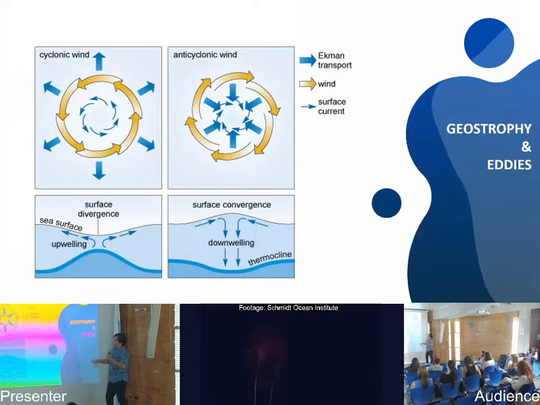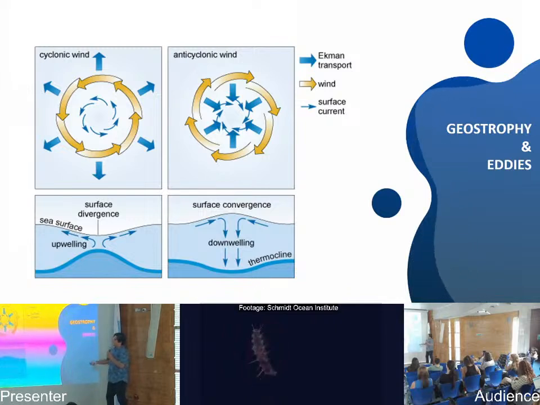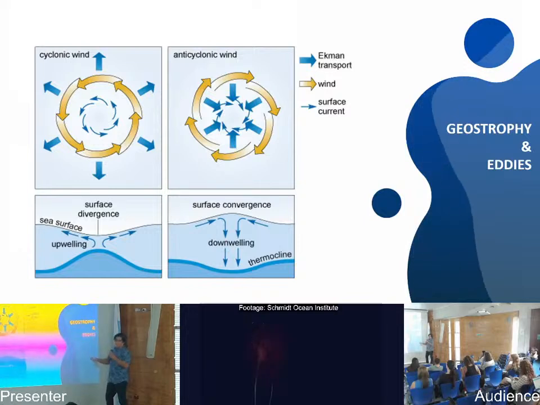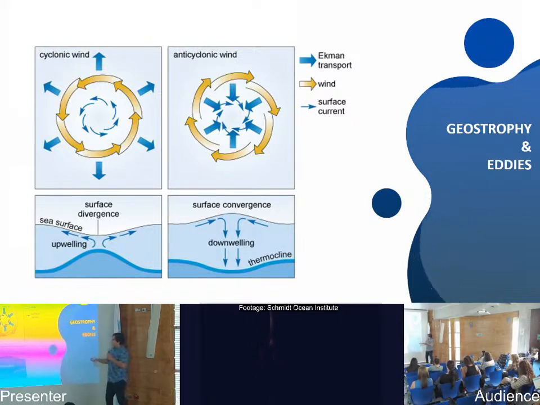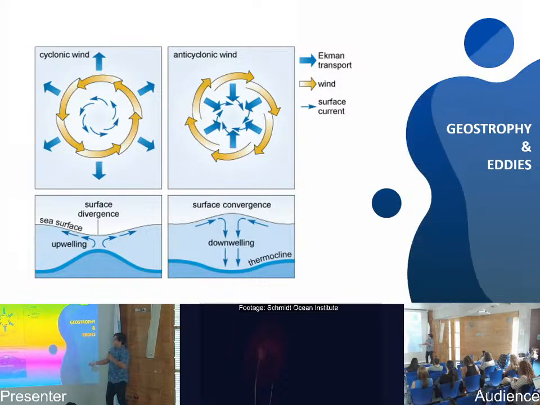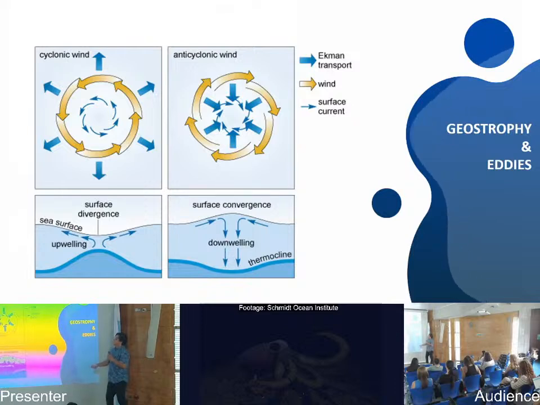The cyclonic eddies, such as the thermal dome that we have been talking a lot about in this symposium, are features with cyclonic circulation. That means it's divergent, so it pushes the waters away. If we take a slice of the water column, we will have a depression at the sea level, and this will provoke upwelling.